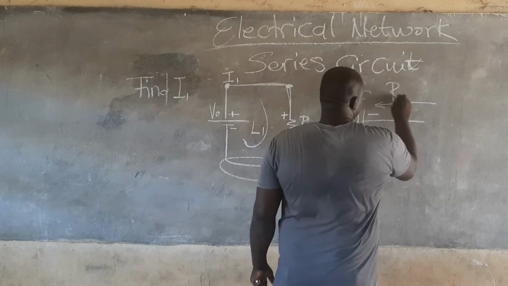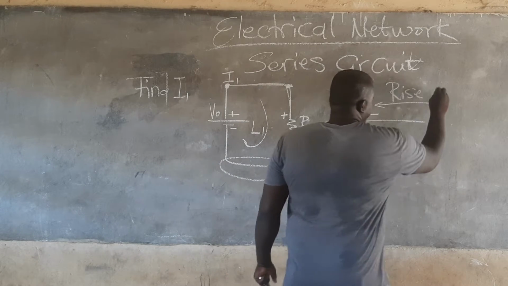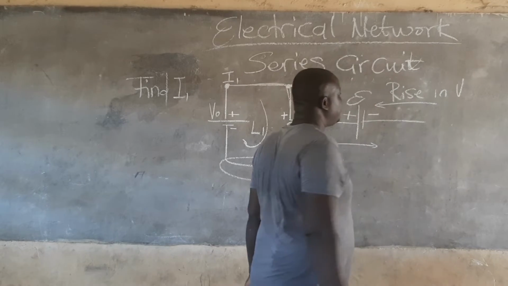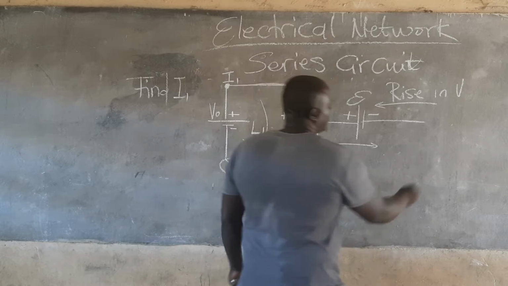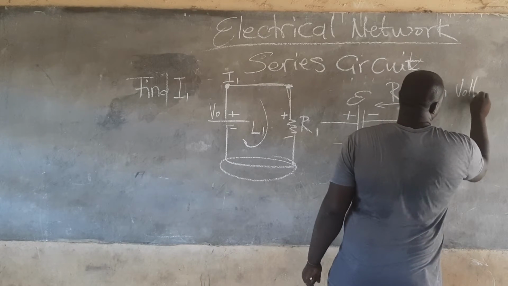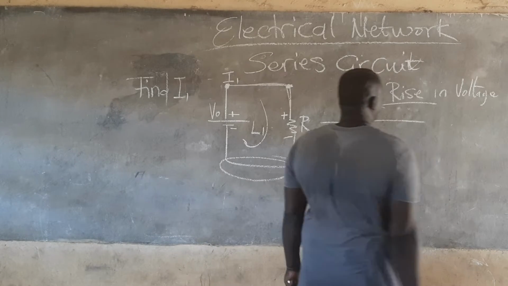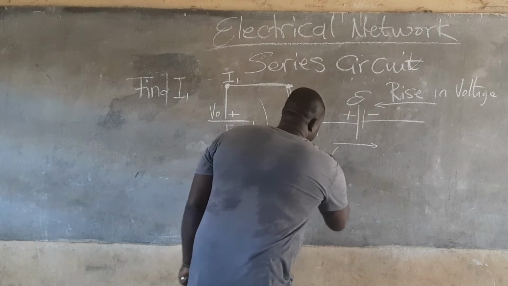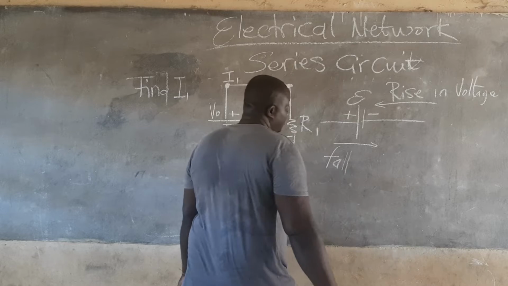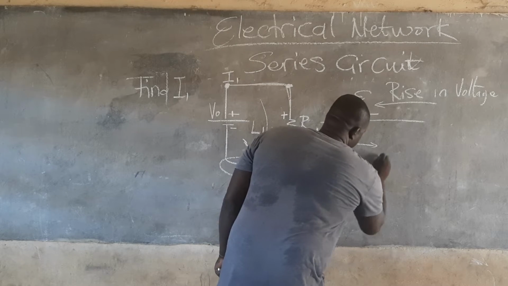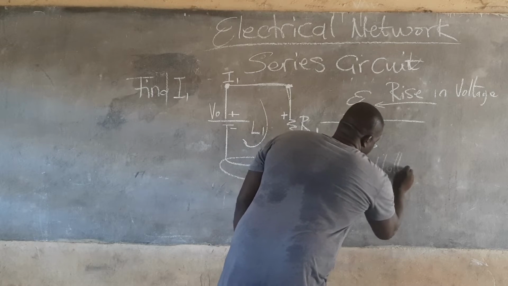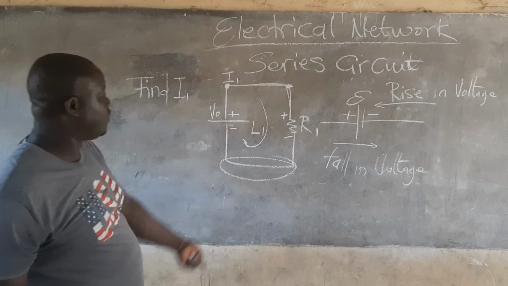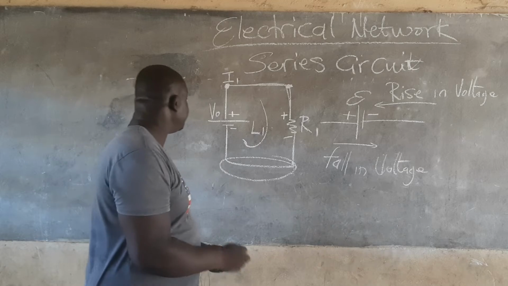So, rise in voltage, which is V, let me write the whole thing. Rise in voltage, and this one is fall in voltage. So rise in voltage and fall in voltage.